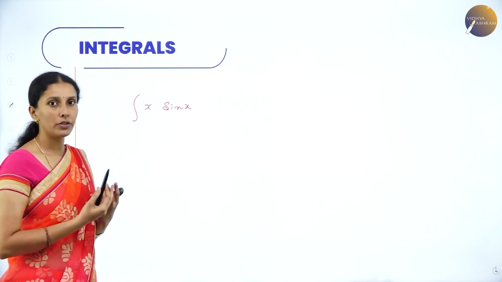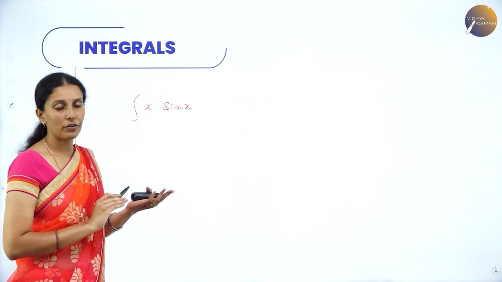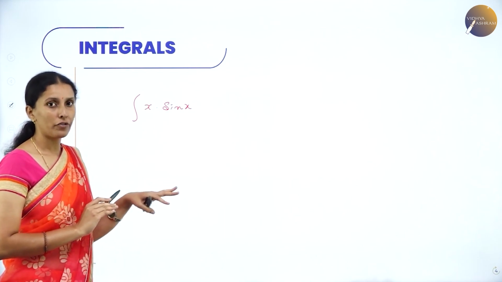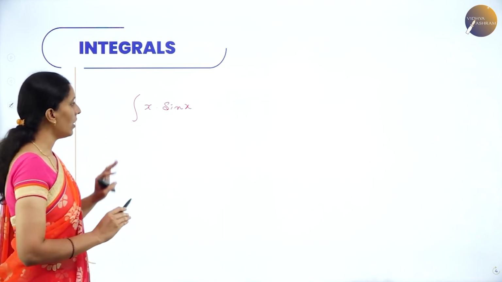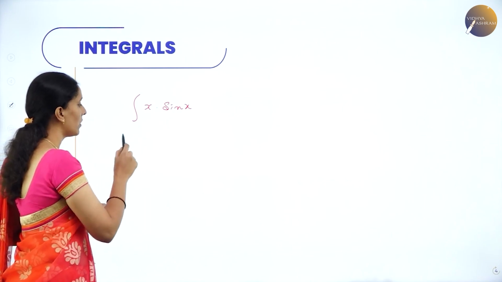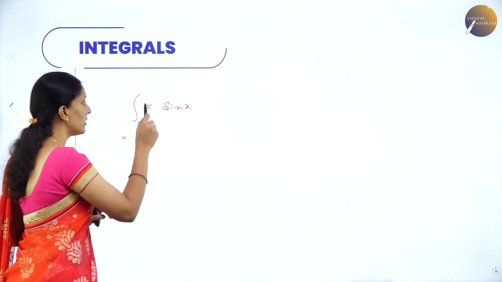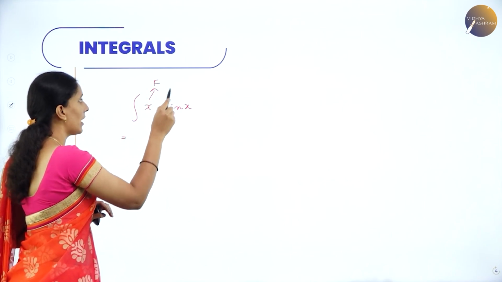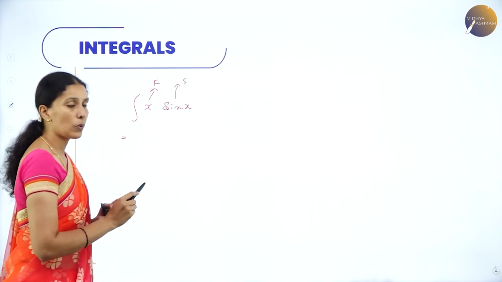However we are going to integrate, we can choose any one of the functions as f of x and any one of them as the second function. So what happens if you integrate it? Apply the rule. If this is your first function and this is your second function, what does the rule say?